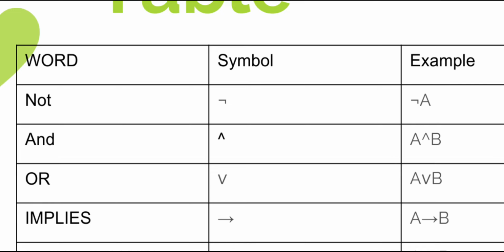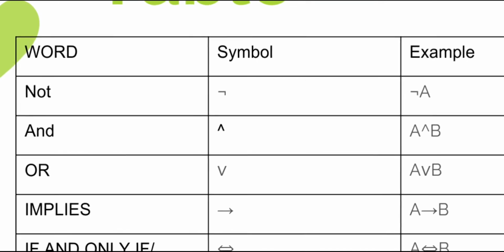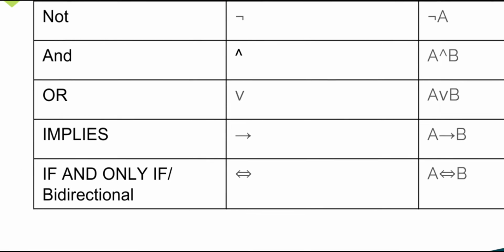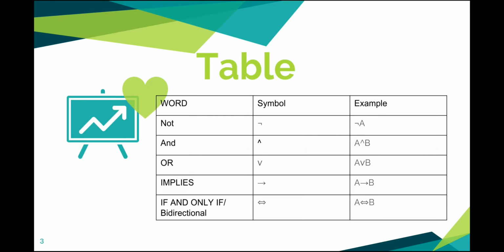For example, if we want our robot to understand a sentence, the robot will come across these sentences, and the sentences will be converted into logic called propositional logic, and it will try to find out the value out of it, that is true or false. Now the first one is not, the second is and, third is or, fourth is implies, and the last is bidirectional, also called if and only if.